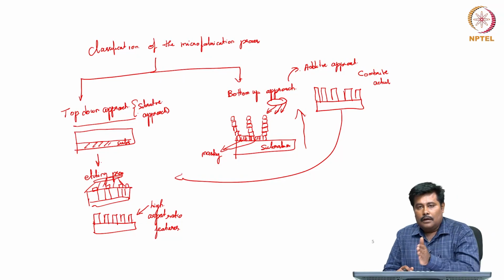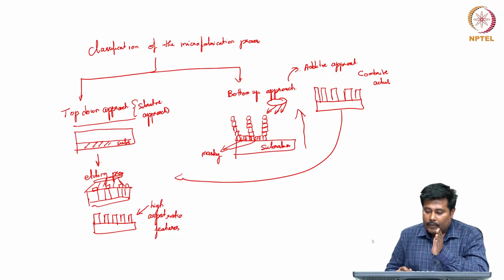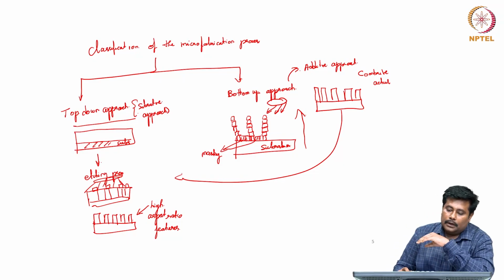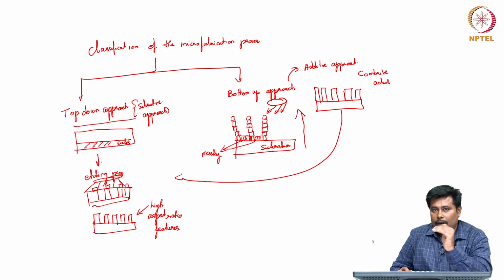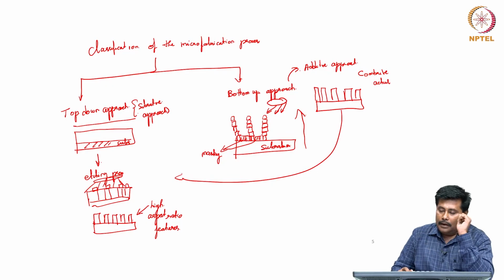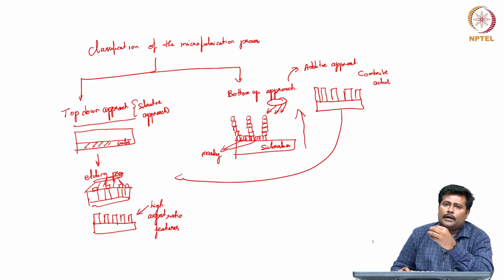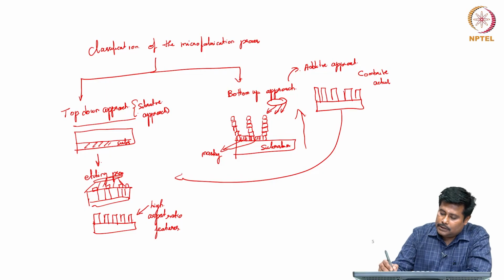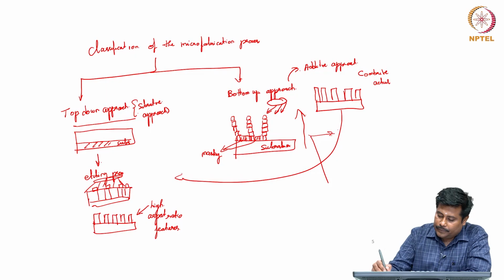applications. However, in the case of an additive approach, what we try to do is build layer by layer. For this layer by layer processing, there are different types of techniques which are available, and if we try to classify these techniques, they are classified into two.